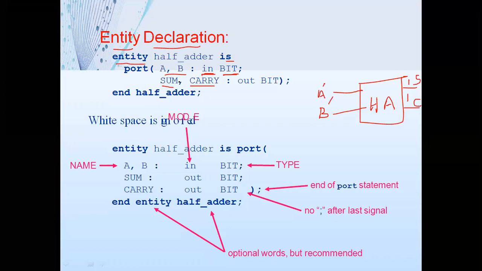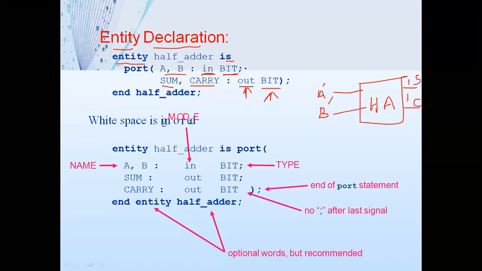The mode for these two is output, because these are the output port signals from the example that we have considered. And the type of the signal for sum and carry is again bit, because these are individual signal lines.